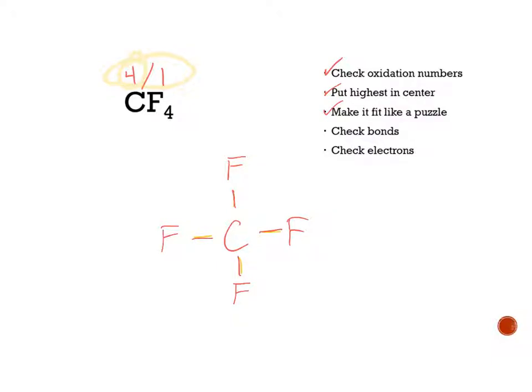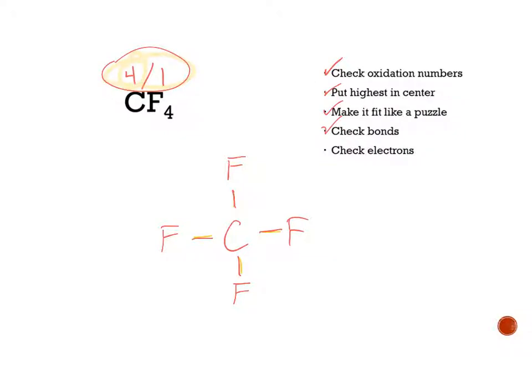And then fluorine, each fluorine is going to want 1 bond, okay? And so if you look, each fluorine already has 1 bond, right? Because we put those bonds in for the carbon. So that's what I mean by check your bonds. Use your oxidation numbers to figure out how many bonds you need.